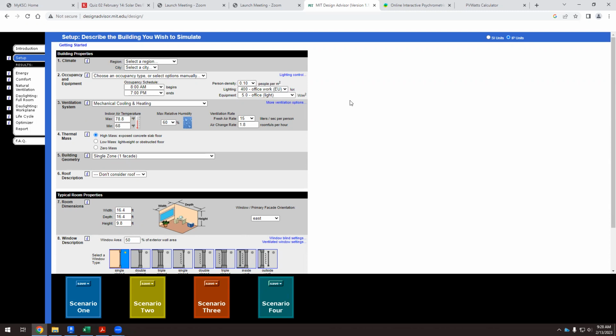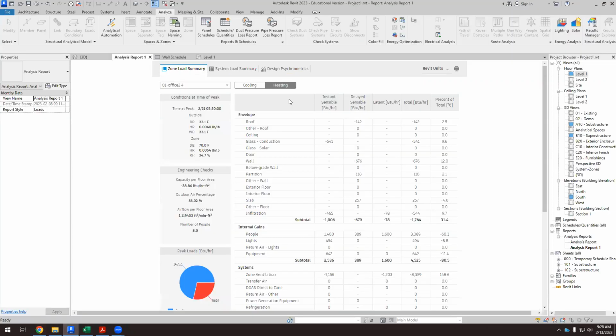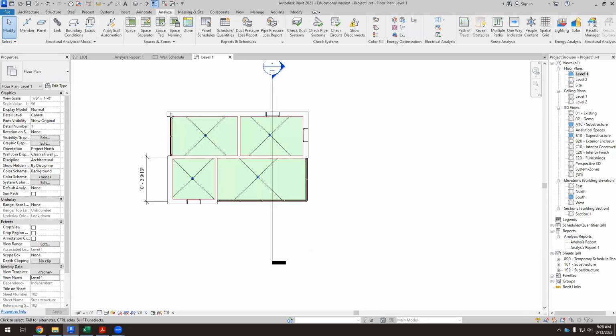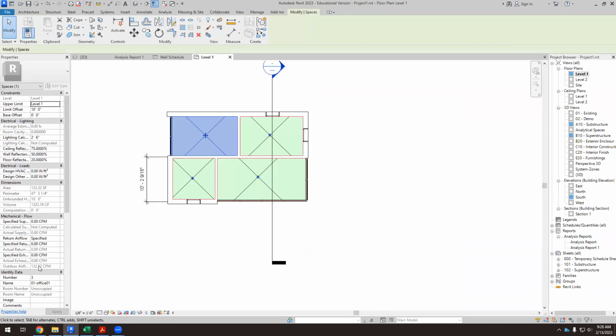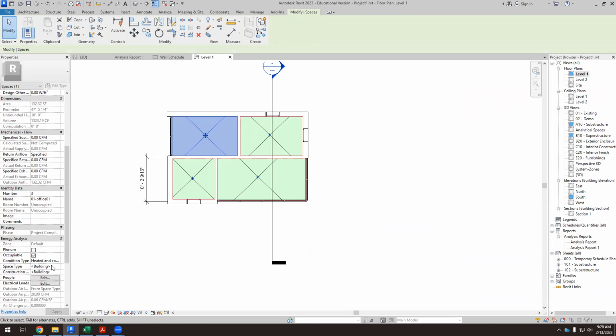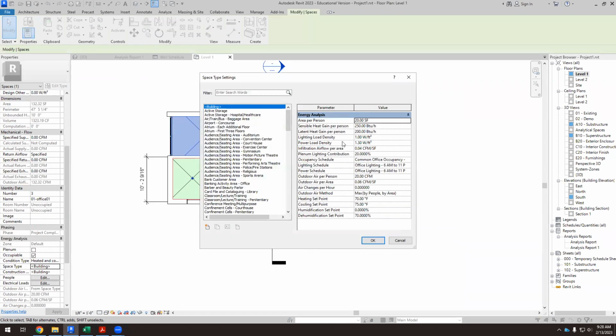Okay, so the first thing we need to know in Revit, I think we have in the spaces, in building, here we have area per person.